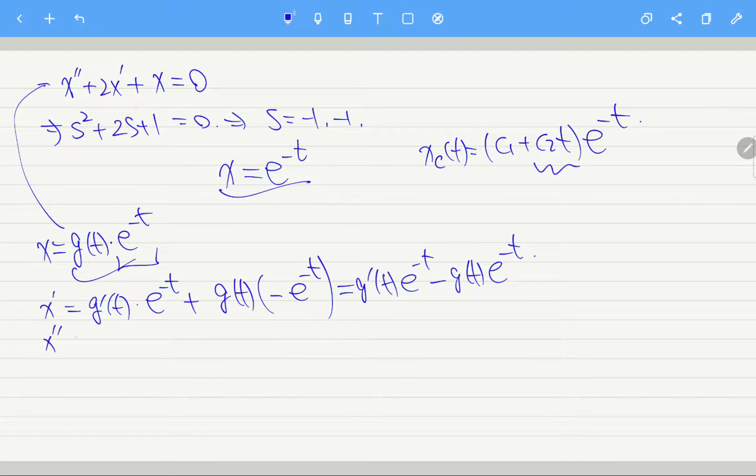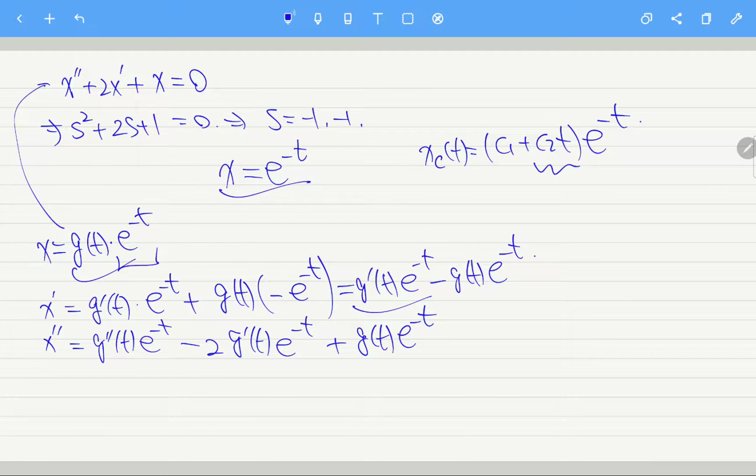So x double prime would be g double prime of t exponential of minus t, and then minus 2 g prime of t exponential of minus t, and then plus g of t exponential of minus t, right?